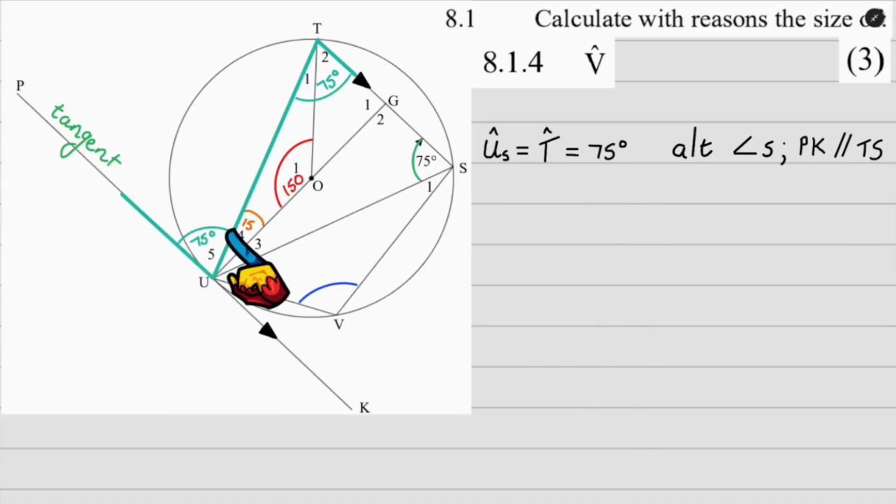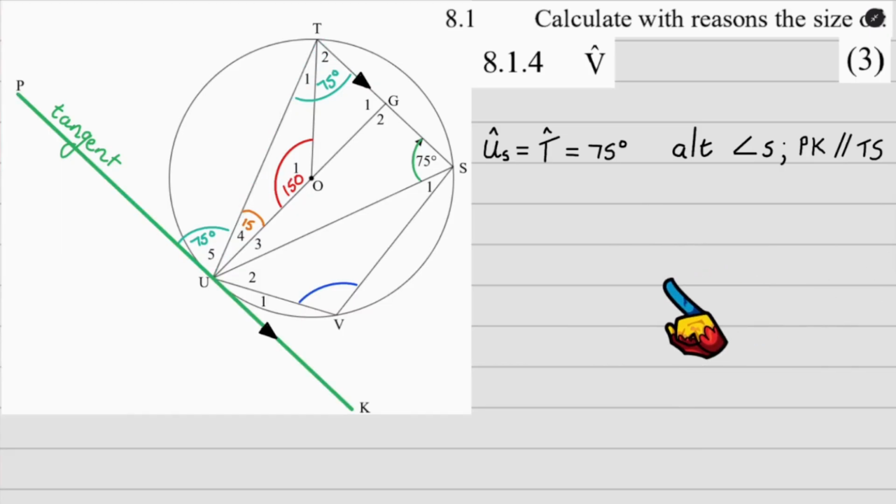So it was angle U5 that was equal to the whole of T. And if I'm using the whole of T, I just put T with an apostrophe on top. I could have also said UTS, but it's quite good to get in the habit of just saying T if you're doing the whole of T. And both of them have a magnitude of 75 degrees.